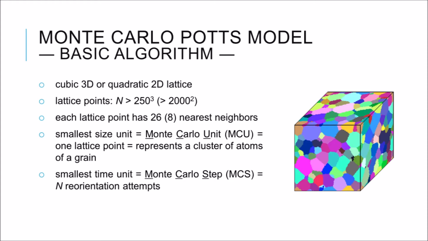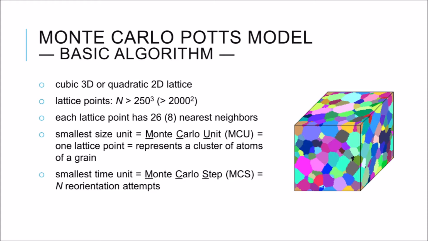Secondly, we have to put down the number of lattice points that we want to use. I have given here a number of lattice points n in 3D larger than 250 in each direction and in 2D more than 2000 in each of the two directions. Of course, you can take more.